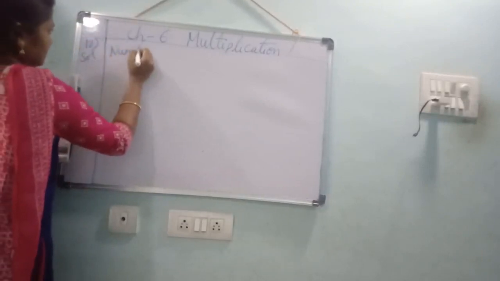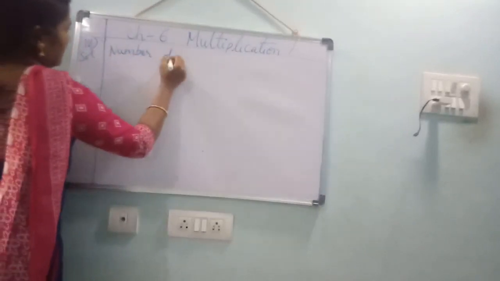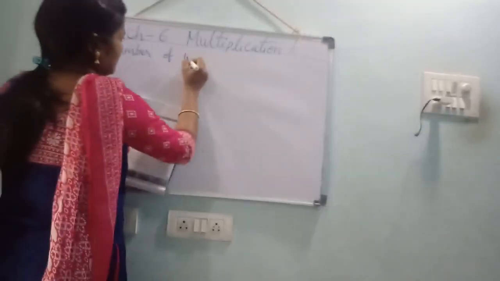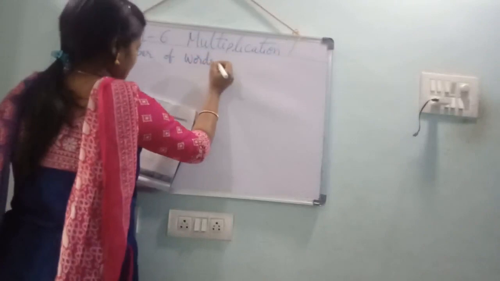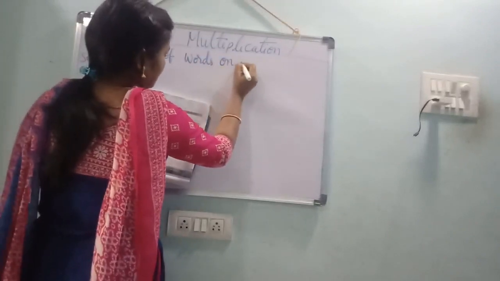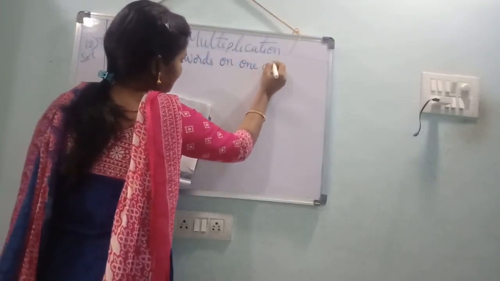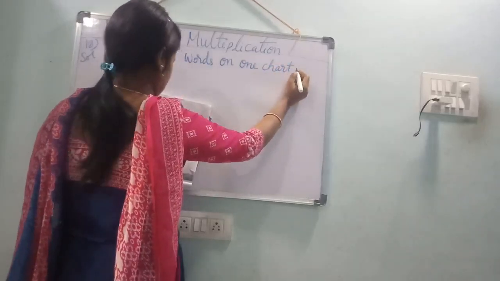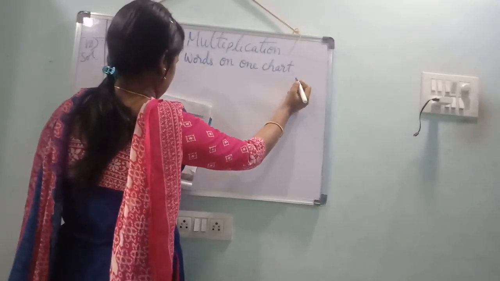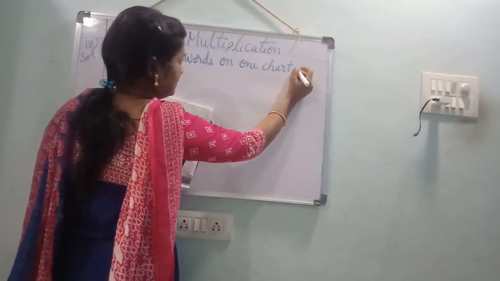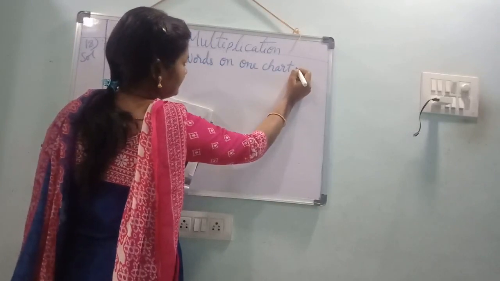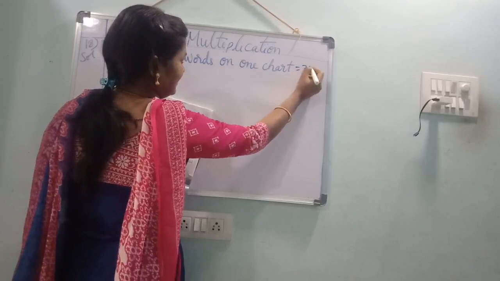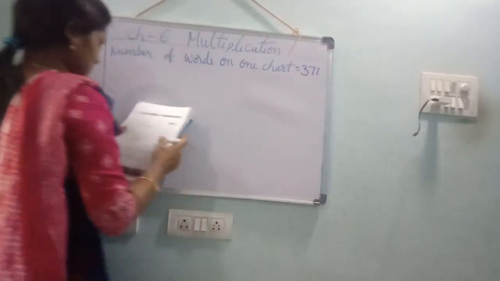Number of words on one chart. How many words? Tell me. How many? 371.